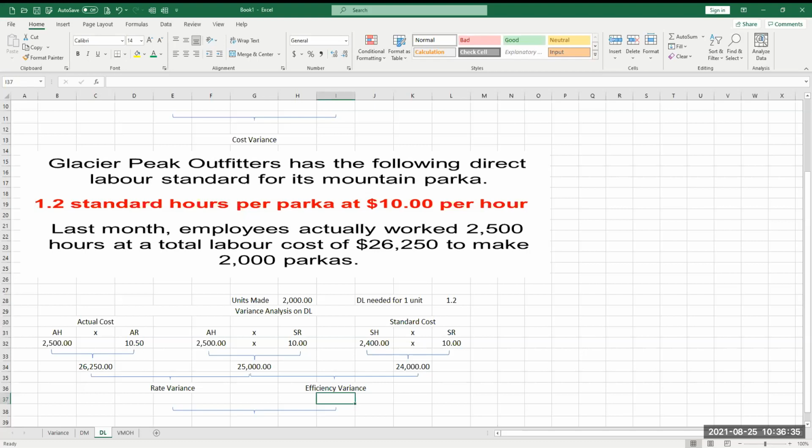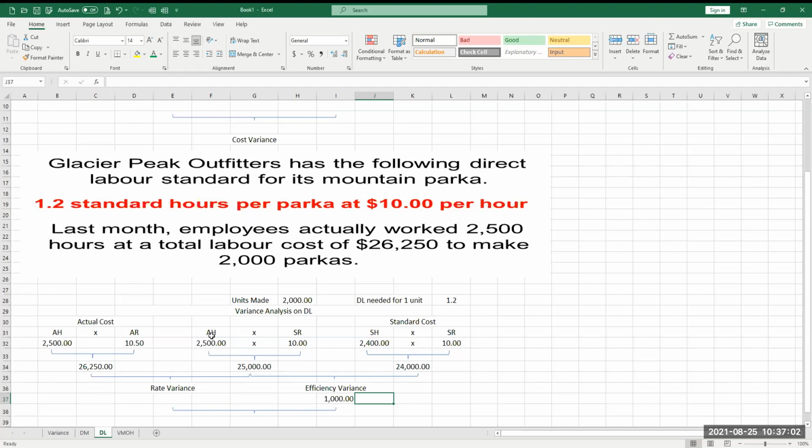All right, my efficiency variance. How much is my efficiency variance? That will be 25,000 minus 24,000, 1,000. Based on my standards, to produce 2,000 units of product, I'm supposed to spend 2,400 hours, and I have to pay $10 per hour.